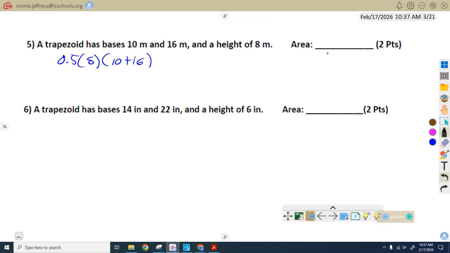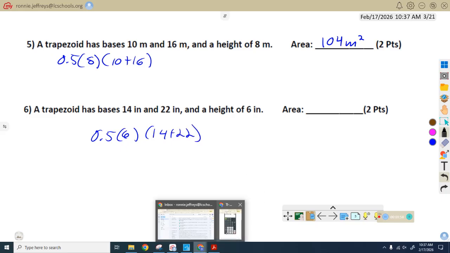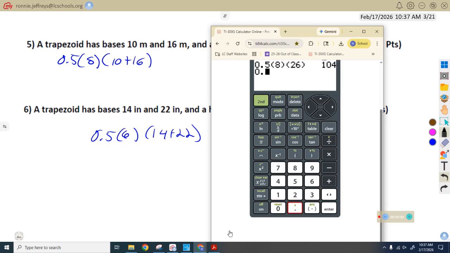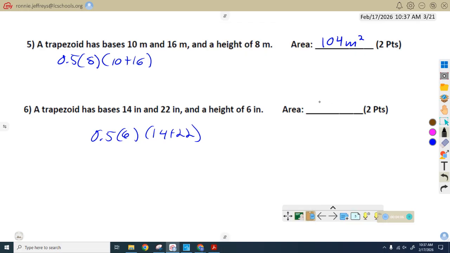All right, so 104. Then 108 inches squared.